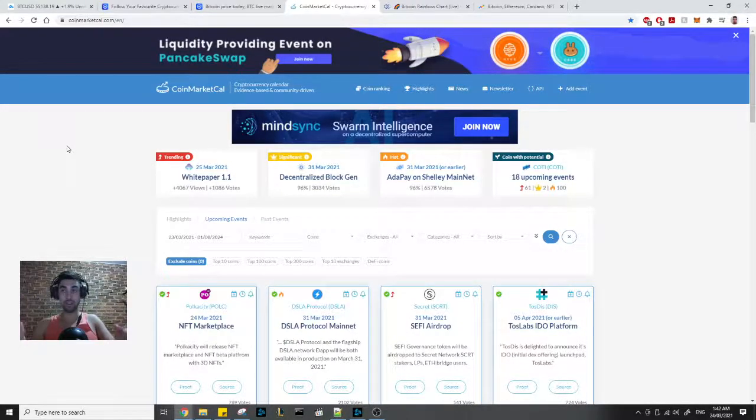It does vary between exchange listings, new updates to the product, or just a test release. So you do have to do a bit more research into exactly what sort of hype you're buying into. But once again, make sure you're doing your proper research on each coin, and making your decisions from there.